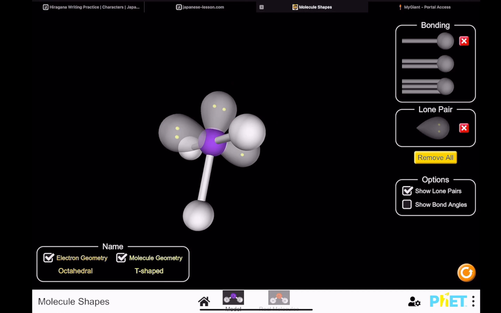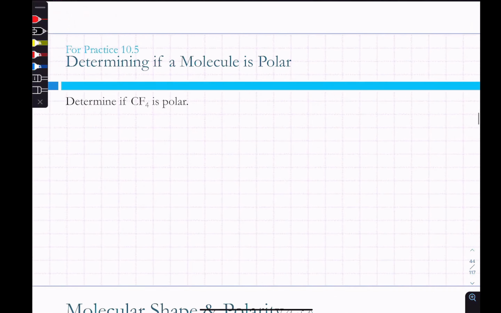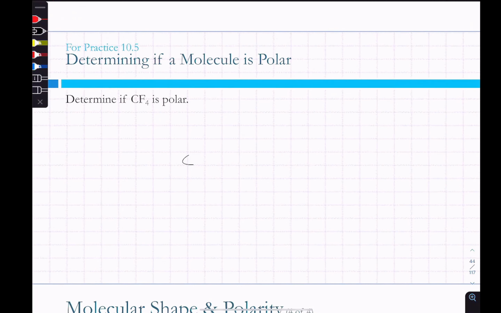Not symmetrically distributed. Okay, so that's the idea there. So aside from a few situations, it's easier to just say, are there lone pairs? So CF4. Do I need to go any further?